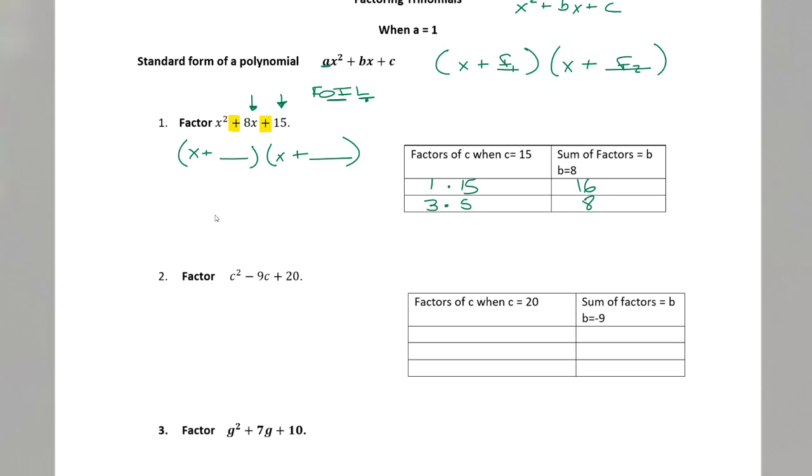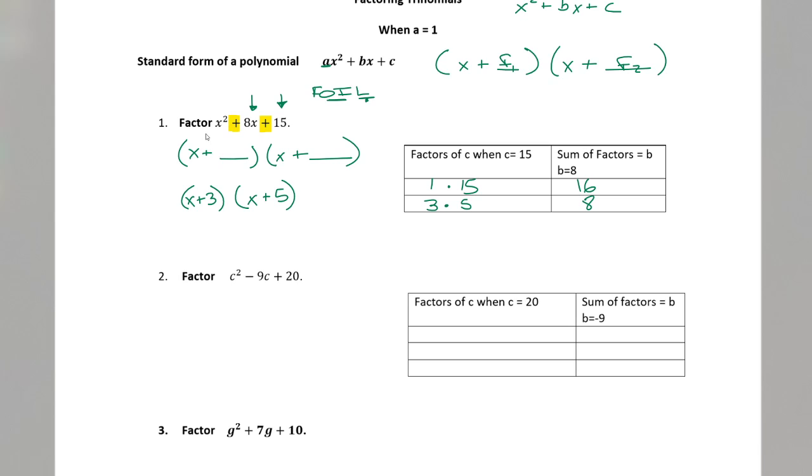So then our factors for this trinomial will be x plus 3 times x plus 5. And if you would like to check your answer, you just multiply your two factors to see if you get the same as the question that you were given.